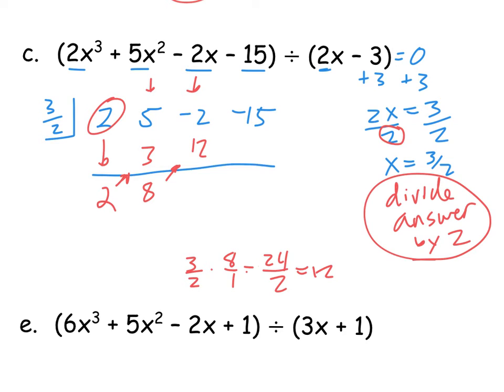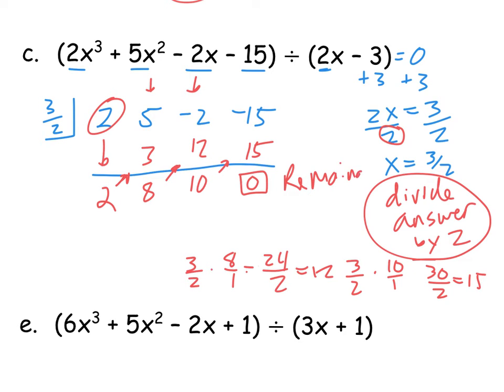Adding that column up, negative 2 plus 12 is 10. 10 times 3 halves, I'm going to get 30 over 2, or 15. When I add them up, I get 0. So once again, my remainder isn't always going to be 0. In this case, it is 0.